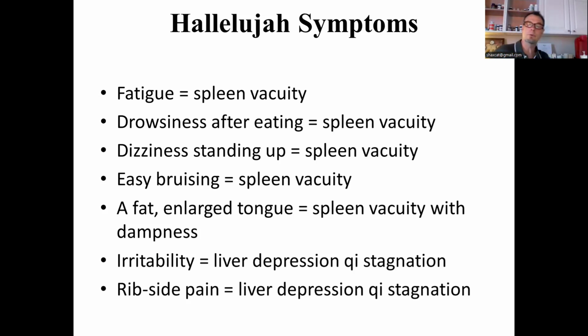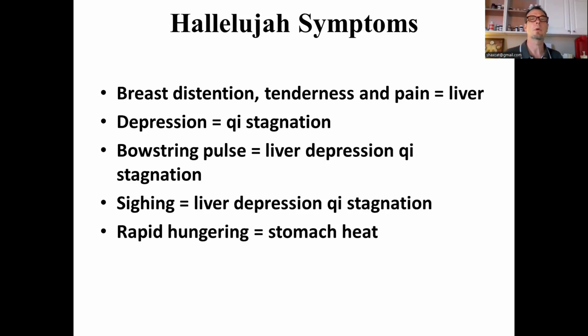It's another liver sign. Breast distension and tenderness, a lot of that's liver, especially around PMS time. Depression, chi stagnation, liver. Bowstring pulse, meaning the tight pulse that feels like a guitar string, liver sign, especially if it's a teenager.